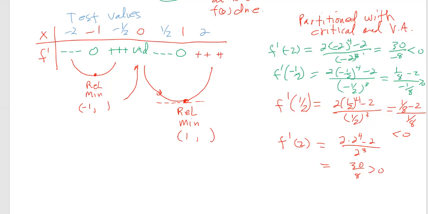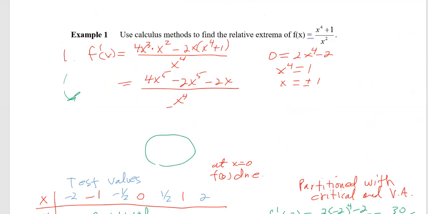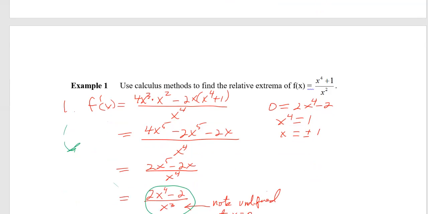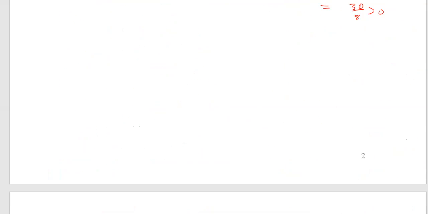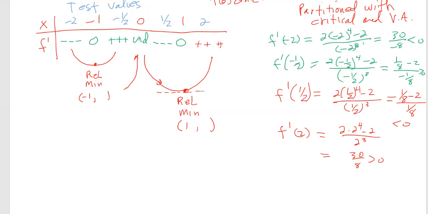And now we might as well get those numbers. Let's look at our original function here, which was x to the 4th plus 1 over x squared. That means f of negative 1 is 1 and 1, which is 2 over 1, which is a 2.